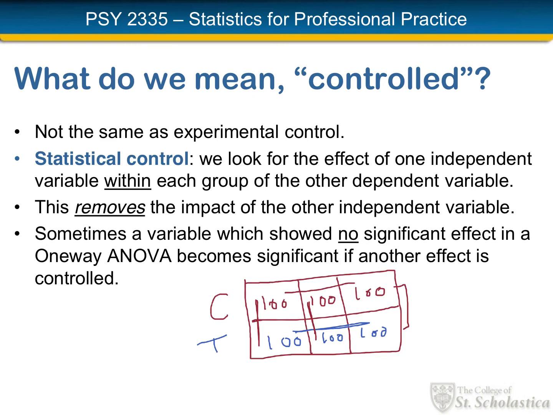So because I'm only comparing people who had either the same age and got different treatments, or they got the same treatment and different age, I'm statistically removing the impact of the other independent variable. And it often occurs that a variable that was not significant in a one-way ANOVA may become significant when another variable has been controlled, and that is the reason for the power of a factorial analysis of variance.